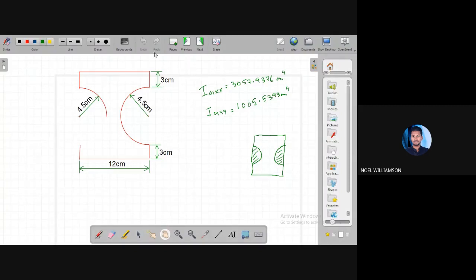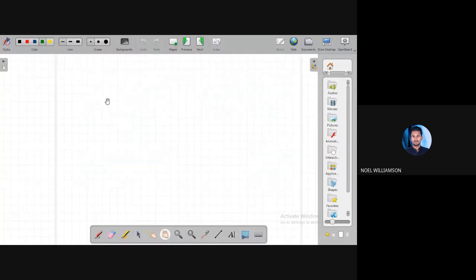Okay, calculate the moment of inertia of the shaded area. And draw this figure.